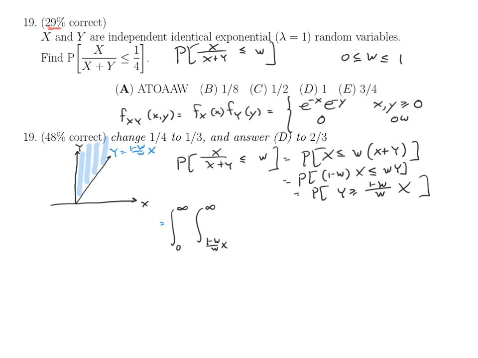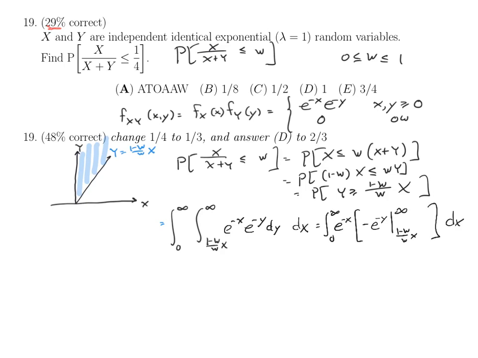All right, and then I plug in the joint PDF, e to the minus x, e to the minus y. And then the dy comes first, and then the dx comes second because the x is the outer integral. So this is 0 to infinity e to the minus x. And then the inner integral is minus e to the minus y from (1 minus w over w)x to infinity.